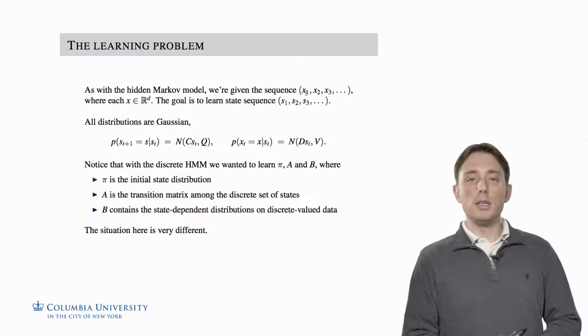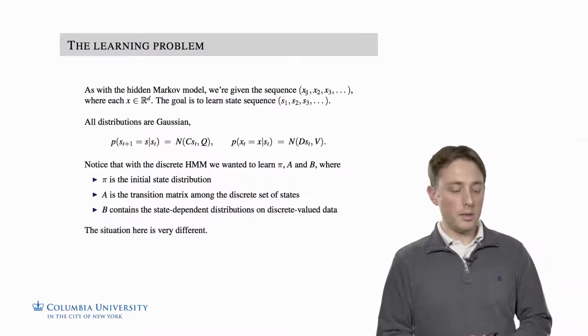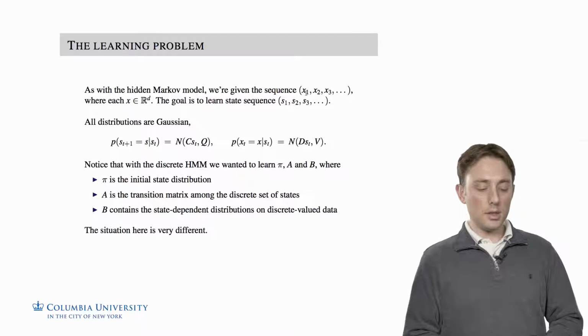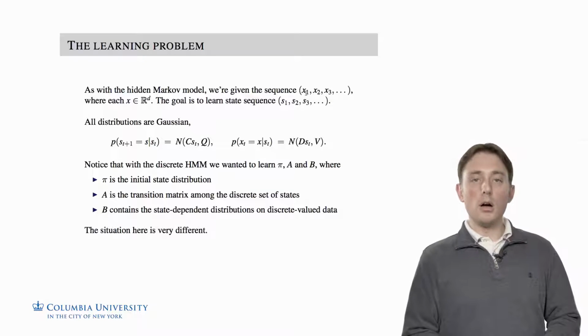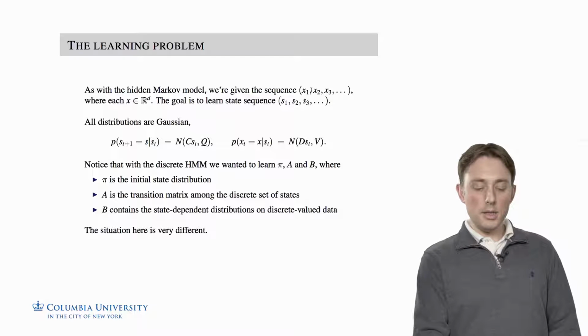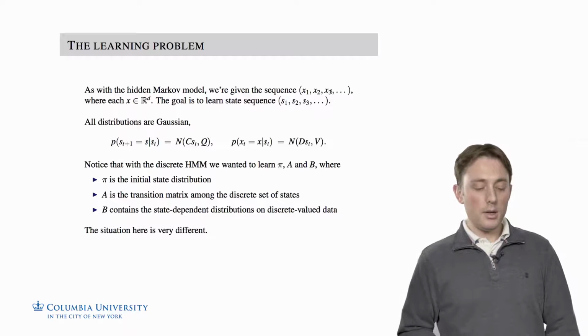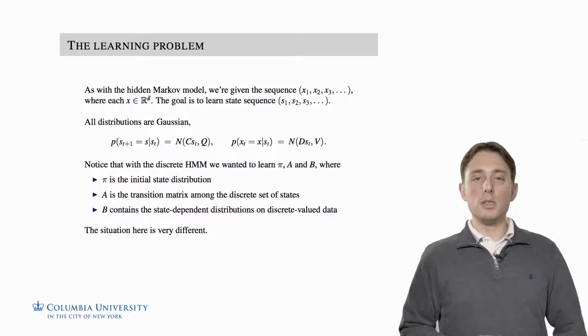So that motivates the continuous state space linear Gaussian Markov model. As with the hidden Markov model discussed in the previous lecture, all we're given is the observation sequence x1 through xT, where each observation is in R^D.